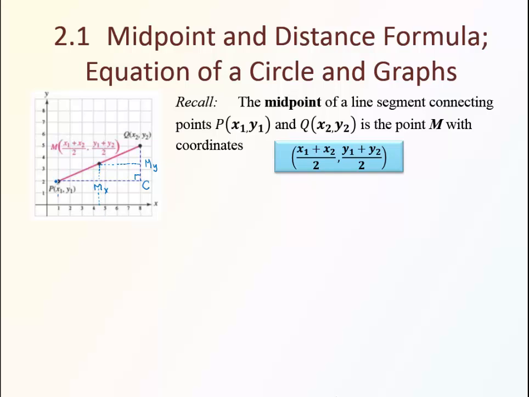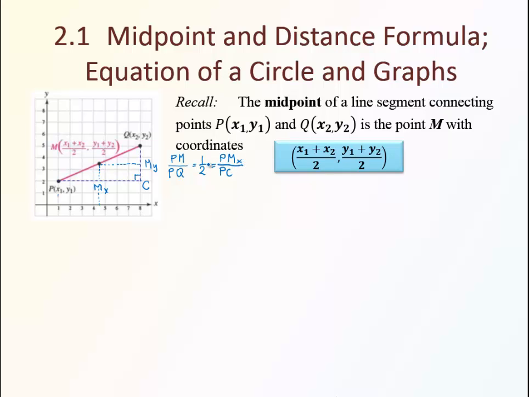So we see lots of similar triangles here, for example this small one and the big one. Using similar triangles properties, we know that the ratios of corresponding sides are preserved. So for example, PM over PQ is 1/2, but it's also equal to PMX over PC.